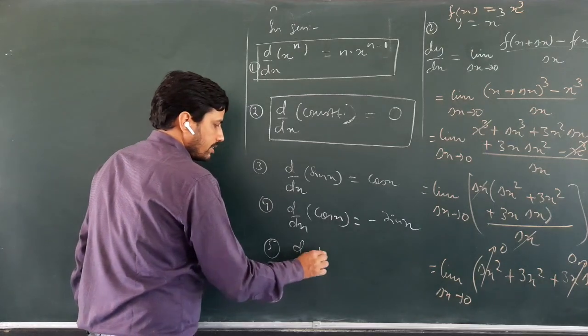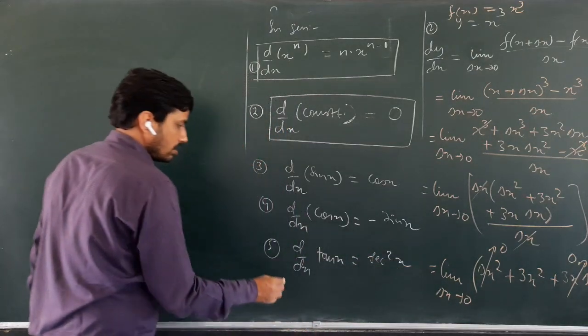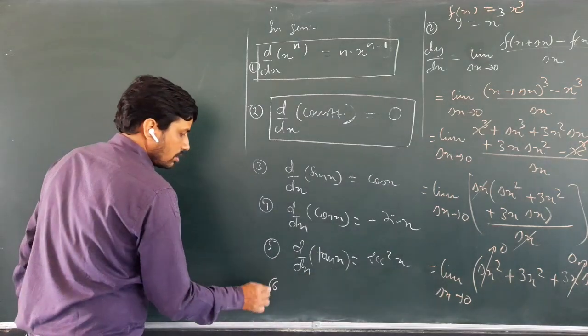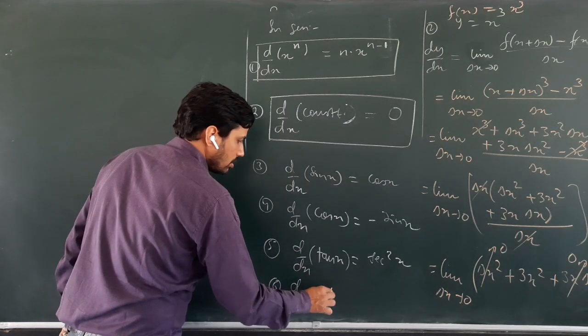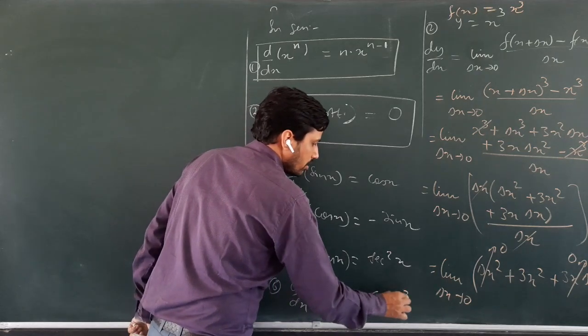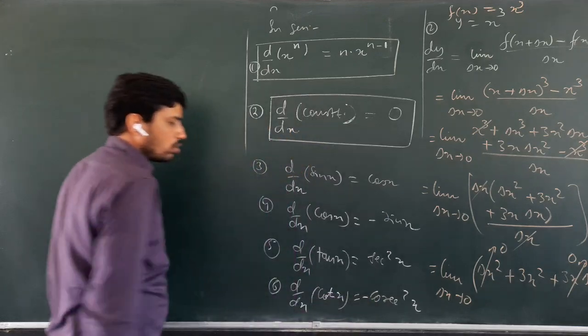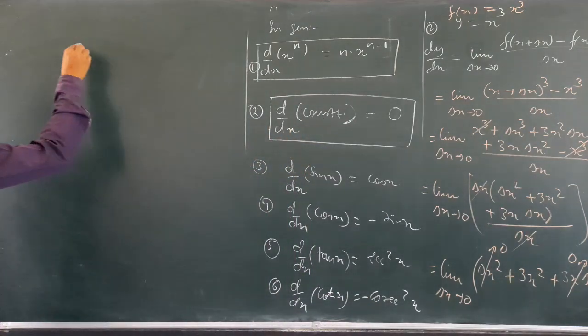Derivative of tan x is sec square x. Derivative of cot x is minus cosec square x. And those who have opted for mathematics in +2 will read these things in more detail.